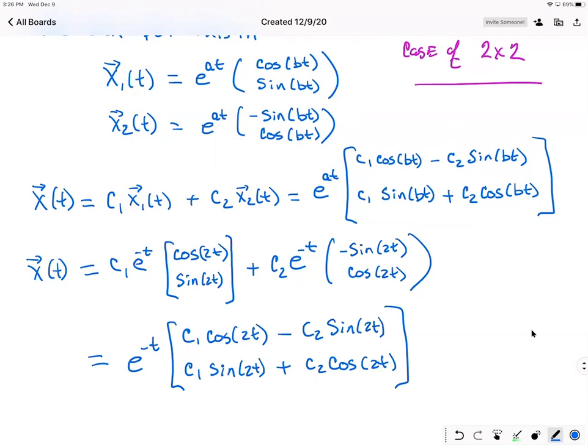So that's the simple case. That is the case of a 2 by 2. When we have a 3 by 3, it's slightly more challenging. And again, I'll let you read that over. I want you to get a flavor for it, because if that case comes up in another class, at least you're getting an understanding of how I have these sines and cosines that I have to put together. So that's case number 2.